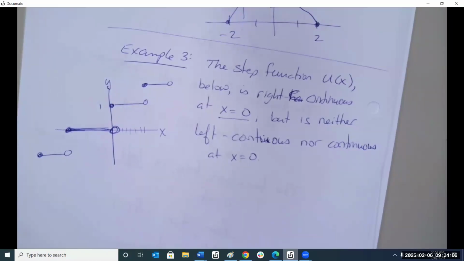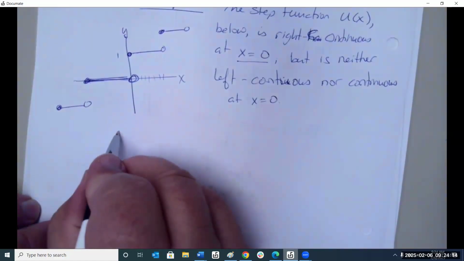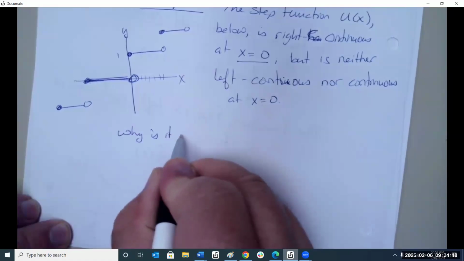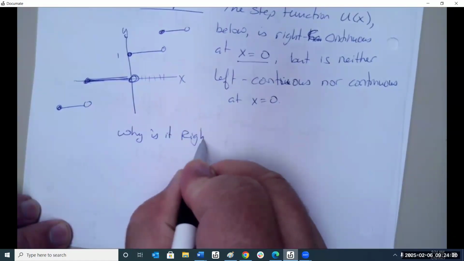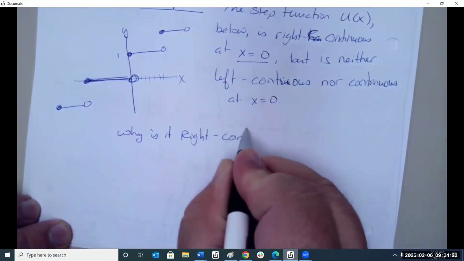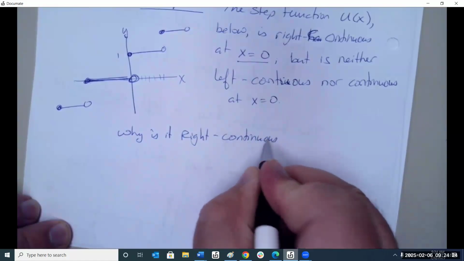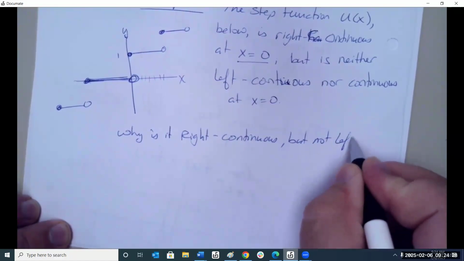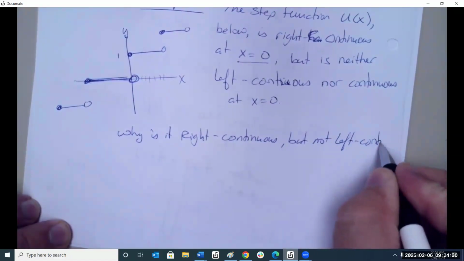Why is it right continuous but not left continuous?